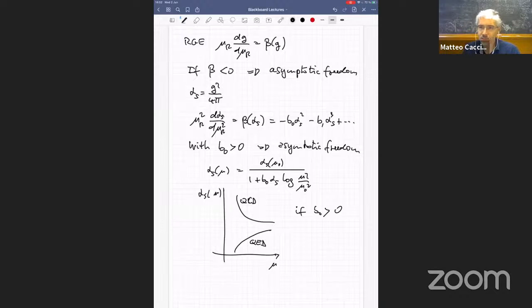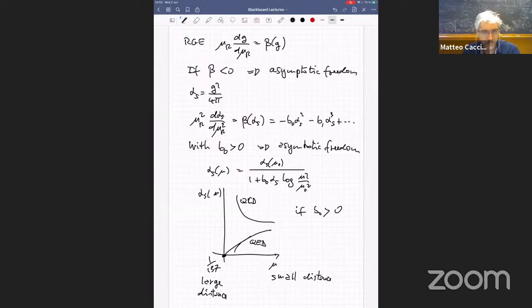QED has a positive beta function, and therefore it evolves in exactly the other direction. And actually, in QED, you can even extrapolate to 1/137 at some point, of course. Also remember that this is the small distance region, and this is the large distance region.